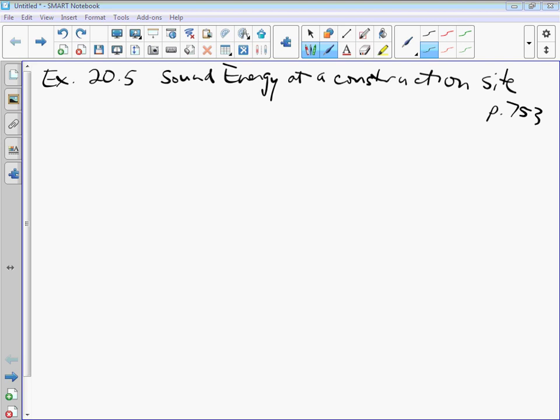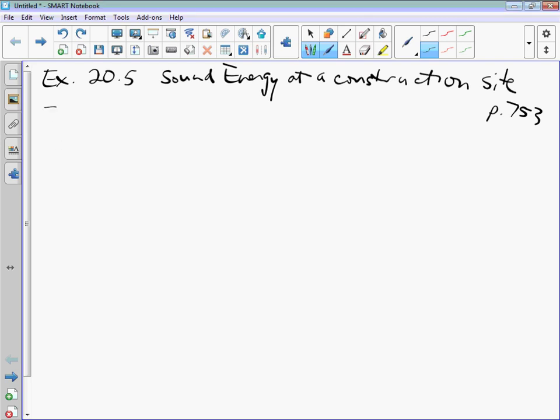Example problem 20.5, sound energy at a construction site, on page 753, says this: the intensity of sound at a construction site is 0.10 watts per meter squared. If the area of the eardrum is 0.20 centimeters squared, how much sound energy is absorbed by one ear in an 8-hour workday?